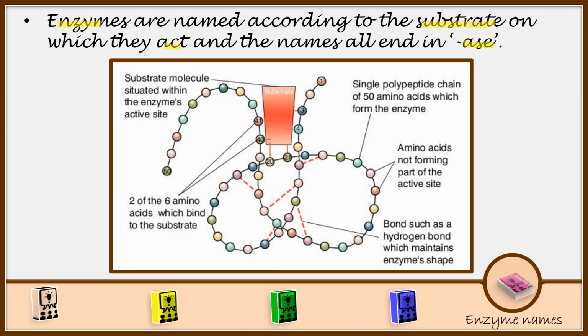For example, the product is sucrose. On that sucrose, we remove OSE and we add ASE. So that enzyme will be known as sucrase. It is named according to the substrate on which it acts.